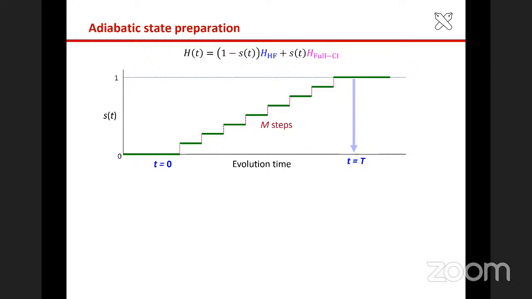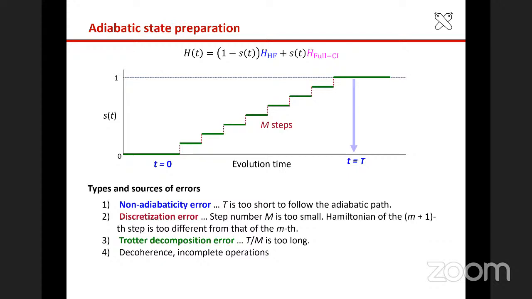But in this adiabatic state preparation, we don't measure the quantum state, so we have to set the appropriate computation condition in the beginning of the computation. And we cannot check the wave function during the computation.